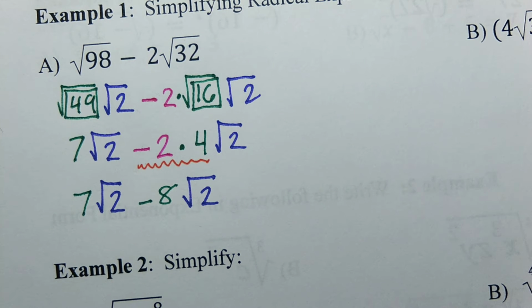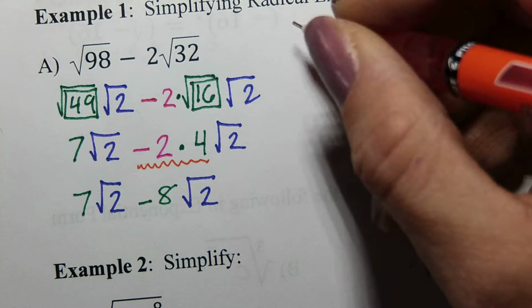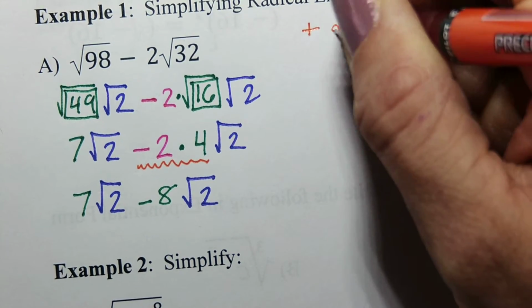So up till this point, it's things that we have been doing with the quadratic formula. We've simplified the square root itself. Now we get into the operation aspect. I want you to write by adding and subtracting.